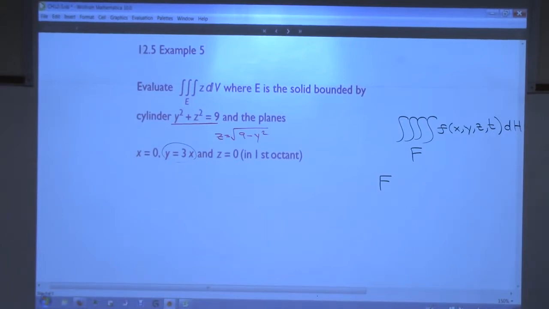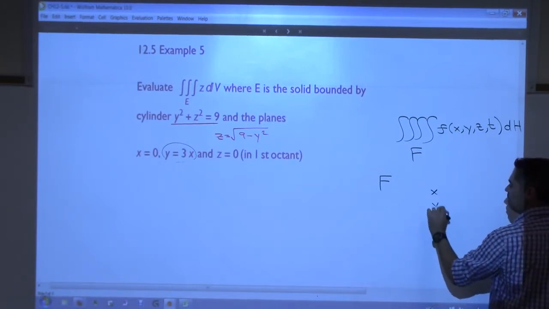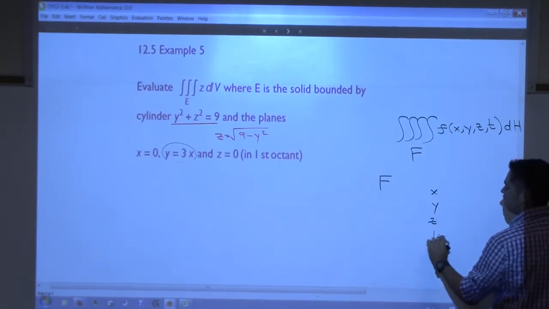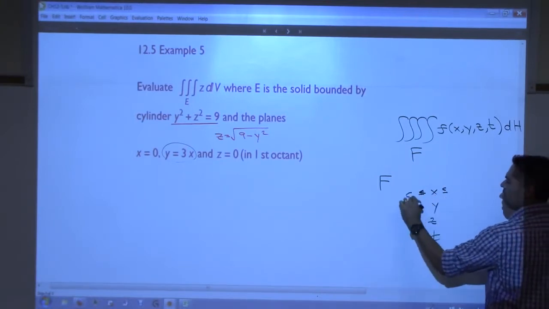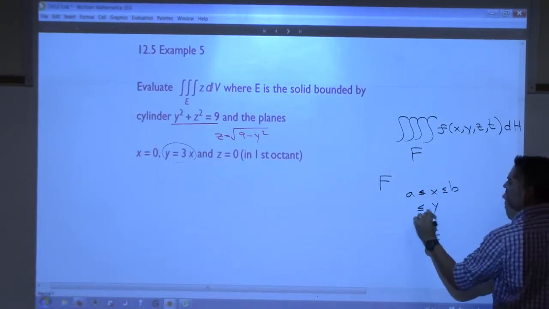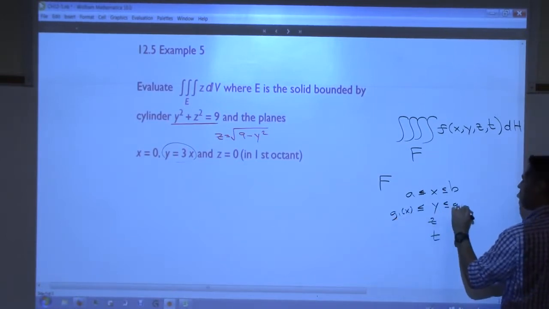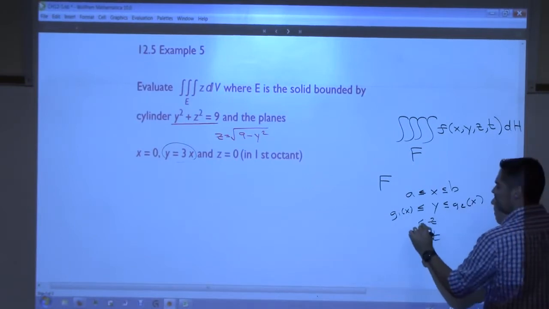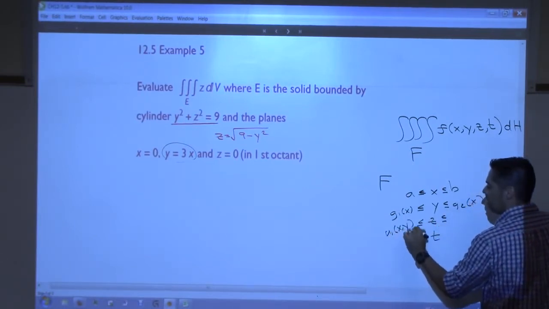I could do that. And what you would have to come up with is restrictions on x, y, z, and t, right? X would be between 2 constants, let's say a and b. Y would be between 2 functions of x. Z would be between 2 functions of x and y.